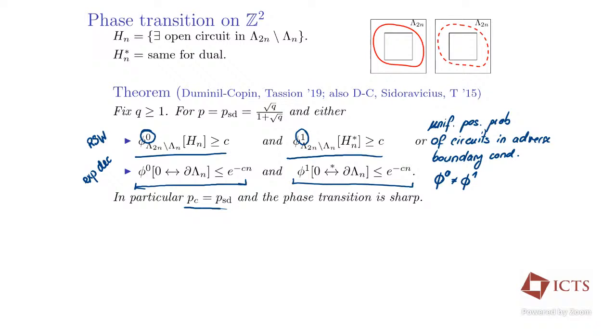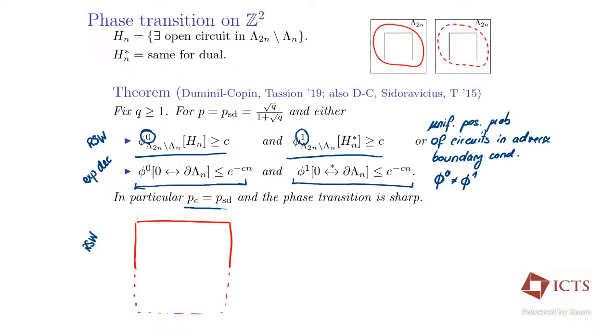And here, let me just draw two pictures of how these things would look at the self-dual point. So in the RSW regime, which is going to be here on the left, if you put a box with, say, wired boundary conditions at the top and free boundary conditions at the bottom.